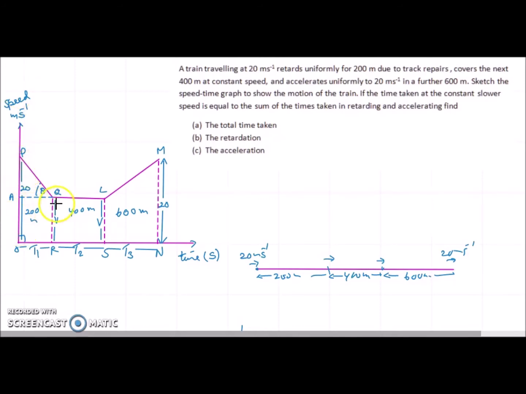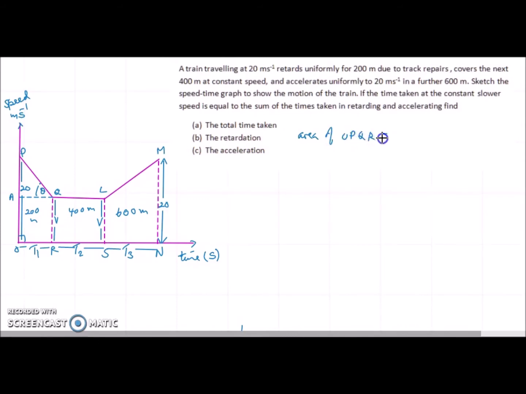The train retards for a time t1. Now what is the area of OPQR? Area of OPQR equals 20 plus V divided by 2 into T1.